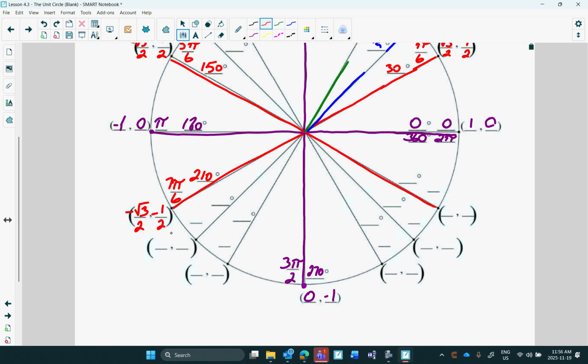What's this one? 330. Notice in radians, all the denominators for these ones are 6. So how many pi over 6s is a complete circle, or 2 pi? 12, so a little bit less.